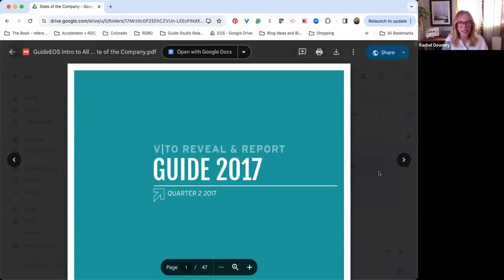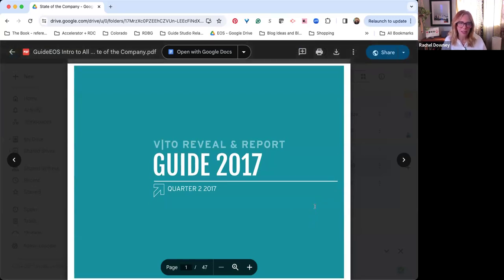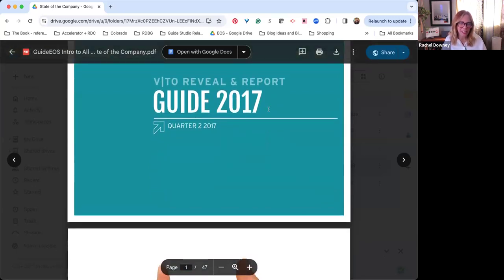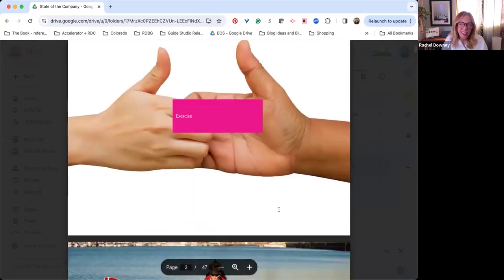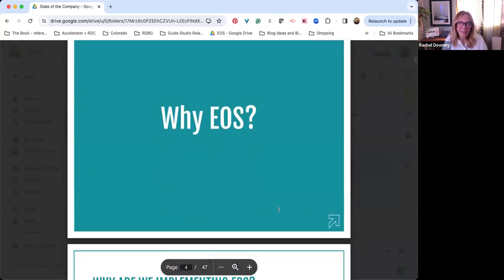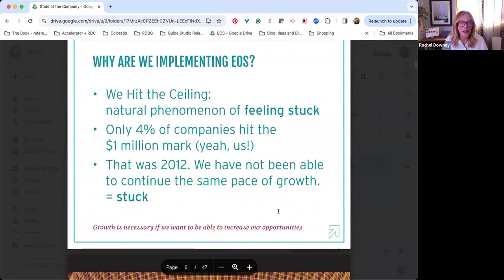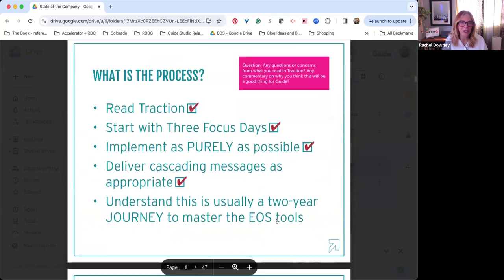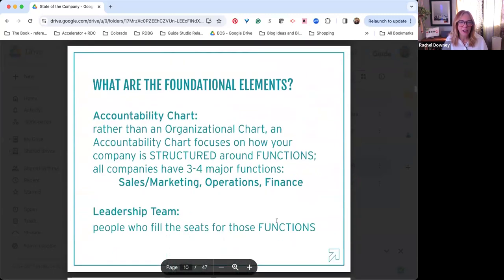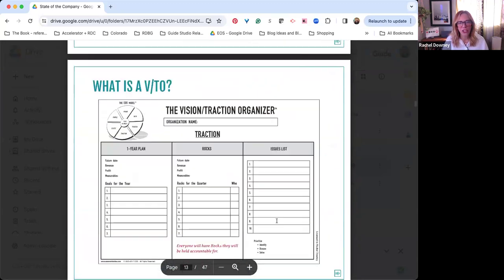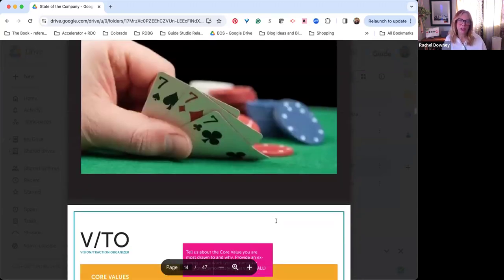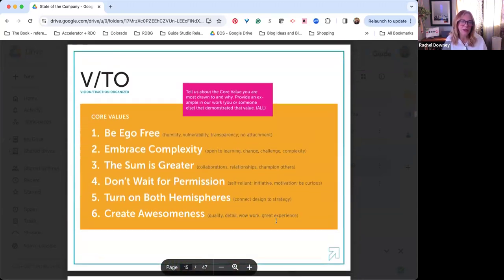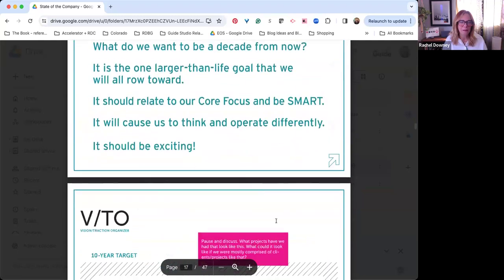The guide one is when we first unveiled our VTO and our practices of EOS to the rest of the organization back in 2017. I will tell you that we were novices back then and we got a few things wrong. So this is not a perfect document by any stretch. There's some vocabulary errors and so forth, but it just shows you how we painted the picture and told the story of why we were choosing to go to EOS and what that looked like for us.